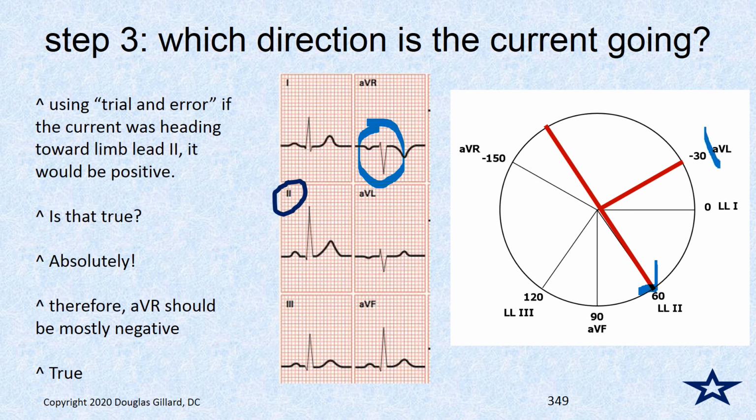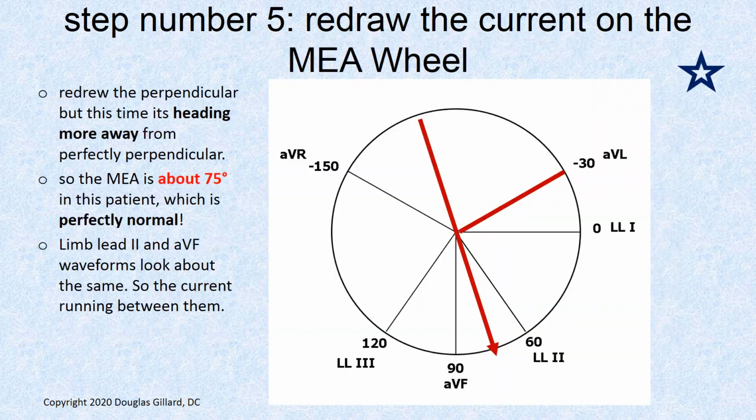Well, we're using this one right here. So is it going like this? No, it's got to be heading more away from it, like this. And that's exactly where the current is going, right? And you can double check that.